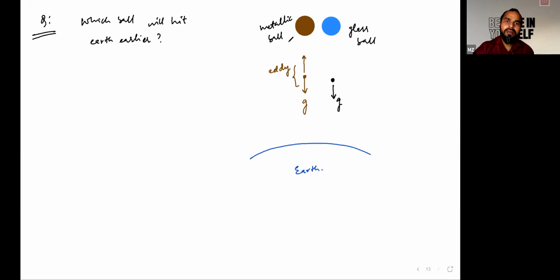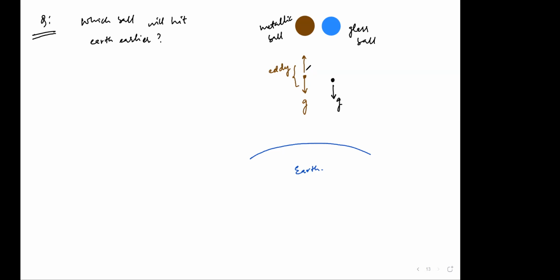Yes, Noor. On the basis of this eddy current or changing magnetic flux, this metallic ball would slow down just till it comes to rest, or it will descend very slowly so that you can easily calculate the time in which it will hit the ground. Okay?